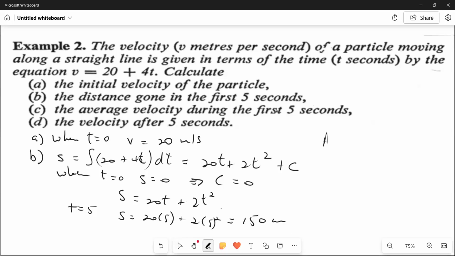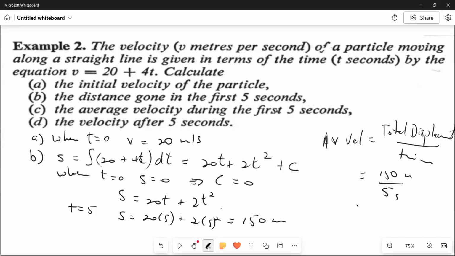Average velocity is total displacement over time, right? Isn't that so? So it's going to be 150 over 5, right? So you get 30 meters per second.